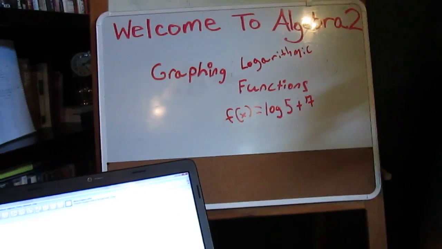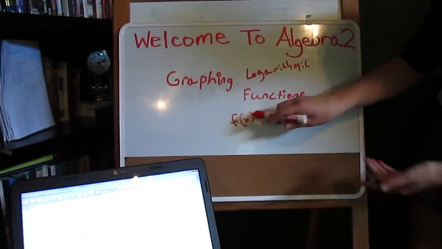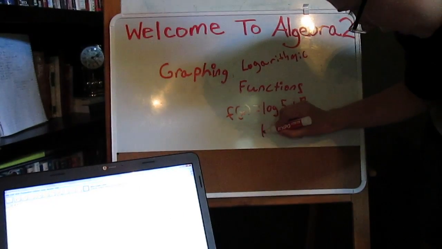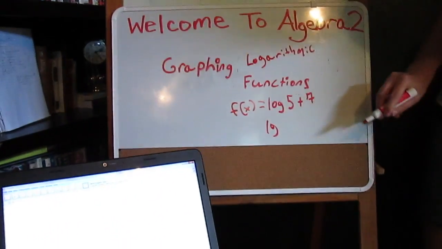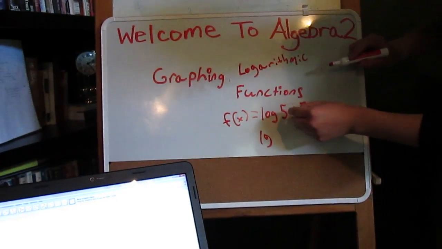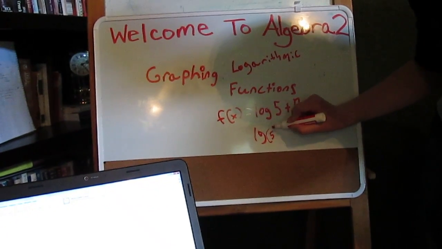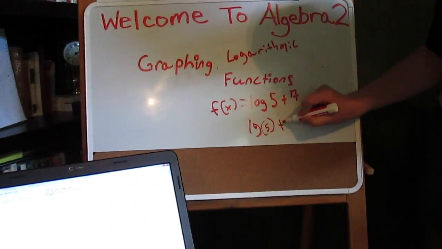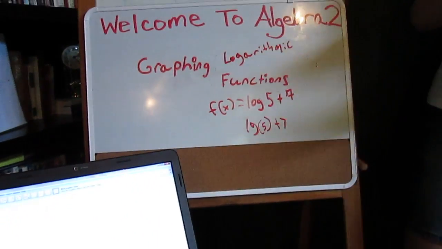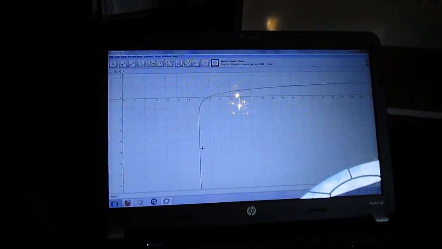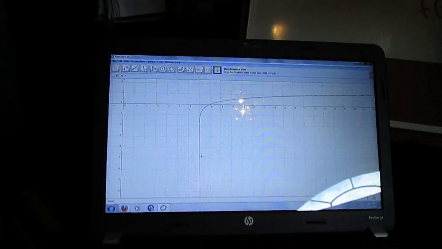To graph this on GeoGebra, you're going to type f of x equals log, but do not write log, just write lg, and then put the argument, which is 5, in parentheses, and then add plus 7. Once you have typed that, the function will be graphed. You press enter and it will be graphed. And this is the function, the logarithmic function.